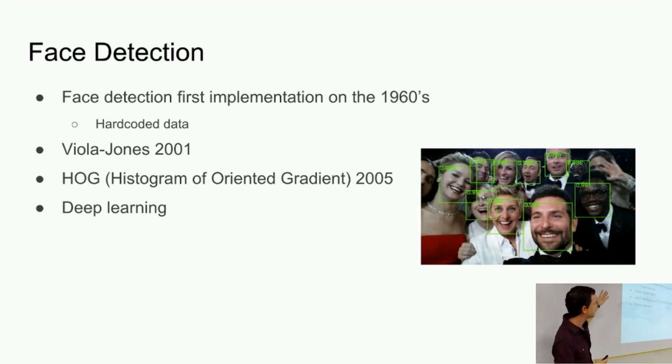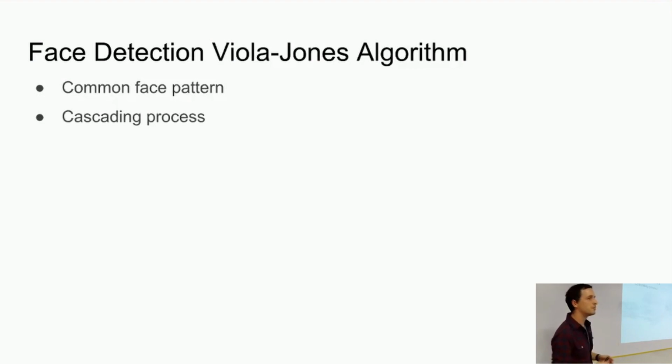Of course, since then we have had more accurate algorithms for face detection, but the Viola-Jones algorithm is so efficient, and doesn't take so much processing power, that it is still very much used nowadays. That's why it's the one I decided to explain today.